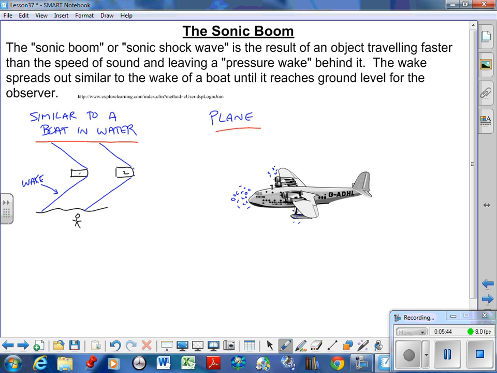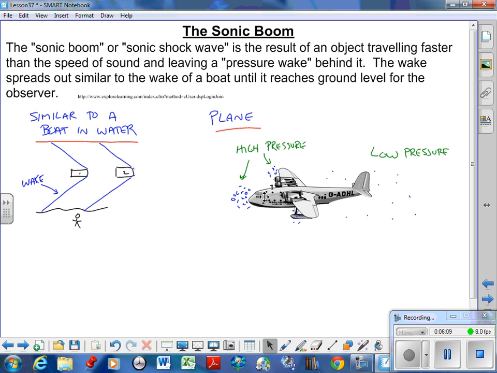Now behind the plane, because those particles are being pushed along, there's less pressure behind the plane because there's less particles. So low pressure, or less pressure I should say, it doesn't matter. And here you have your high pressure. Okay, so you have your buildups.